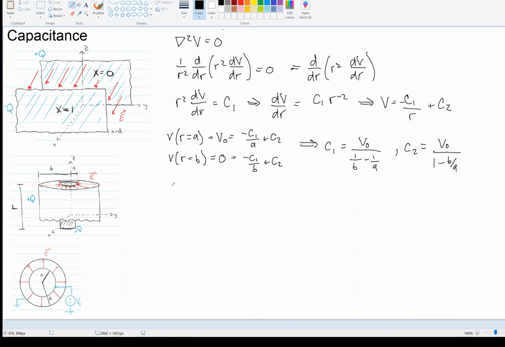Now, again, we're solving Laplace's equation. The voltage is completely specified. Right, here's what we're saying the voltage was. So now I've got C1 and C2. So this is A over A minus B minus 1 over R times AB over A minus B. I didn't like having fractions of fractions, and so I just got a common denominator.